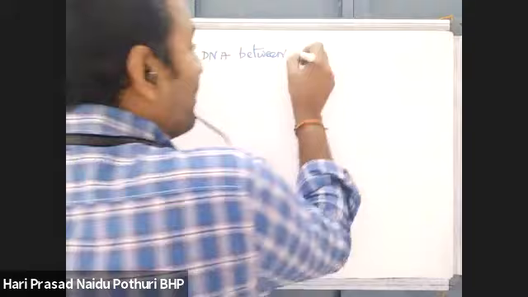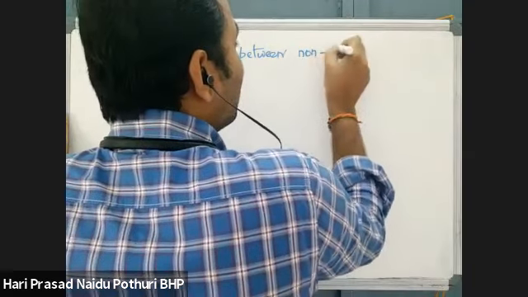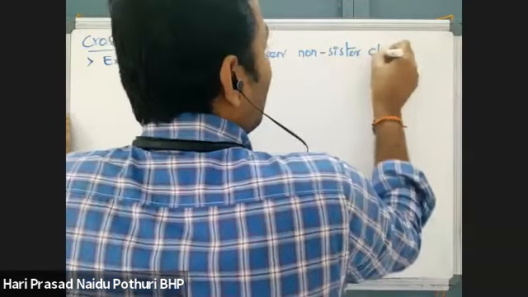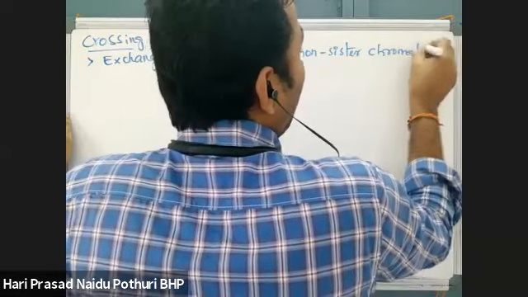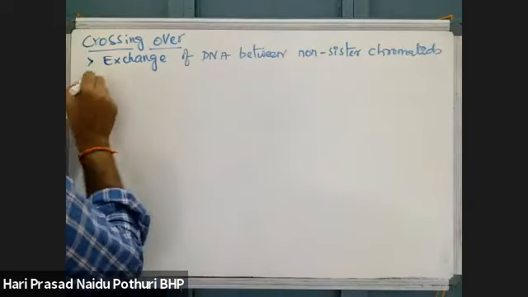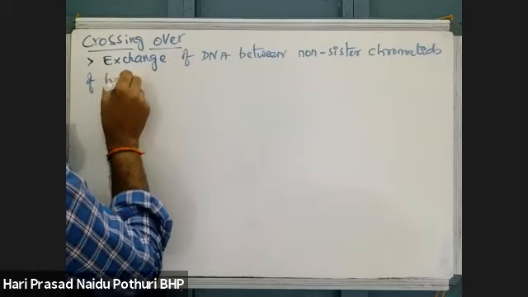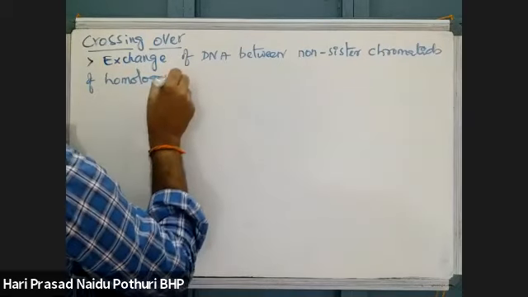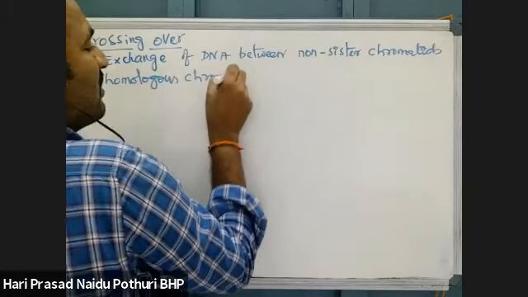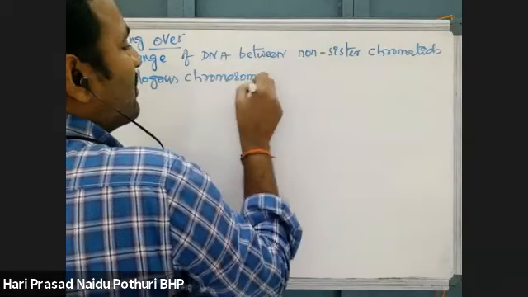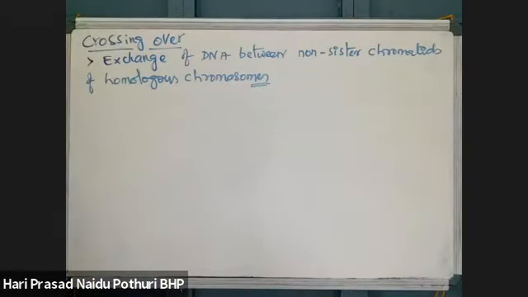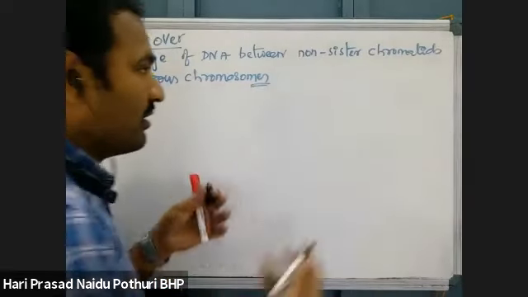Between non-sister chromatids of homologous chromosomes. Between non-sister chromatids of homologous chromosomes, there is exchange of DNA material. That is what we call crossing over.